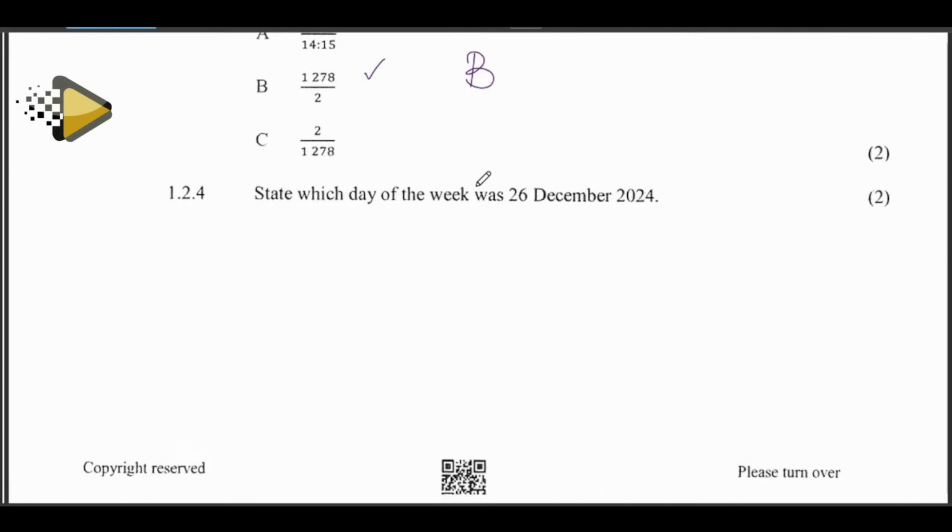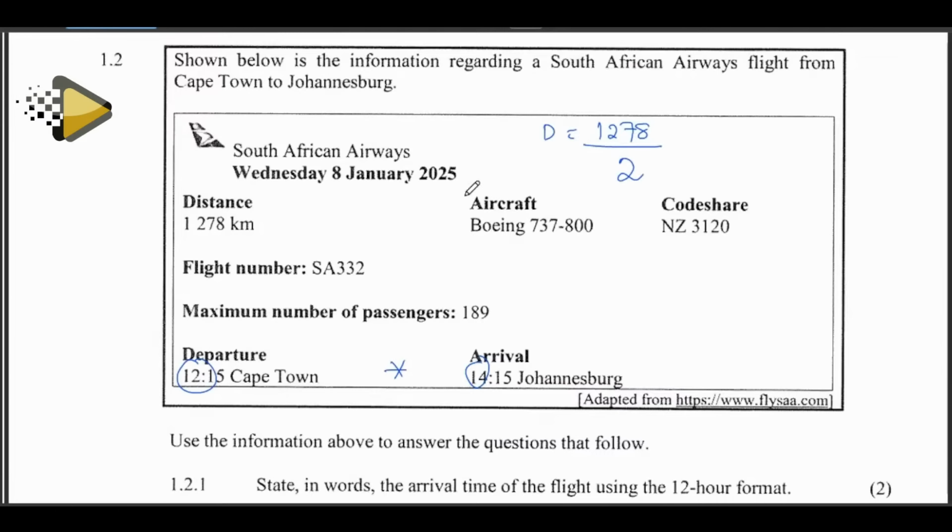State which day of the week was 26th December. Now, when you look at the date here nicely, it talks of 8th January being a Wednesday. That means last Wednesday it was 1st January. Okay, so we start from there: Wednesday, Thursday, Friday, Saturday, Sunday, Monday, and what? Tuesday.